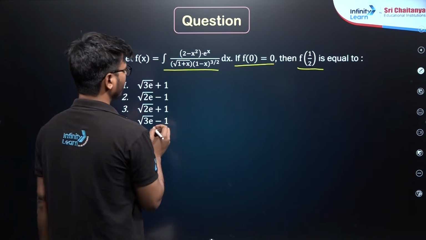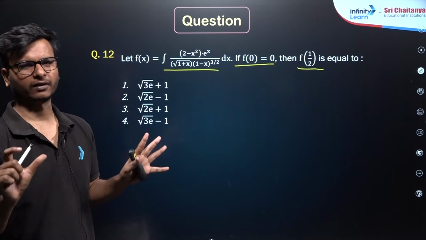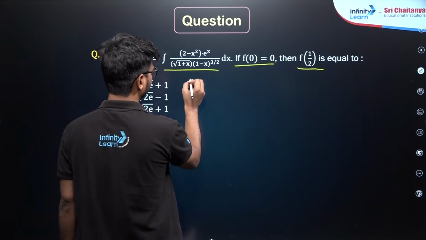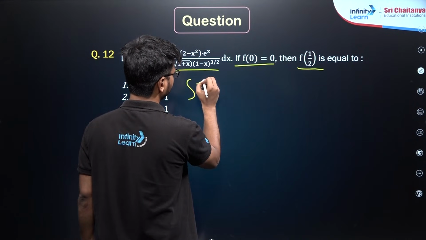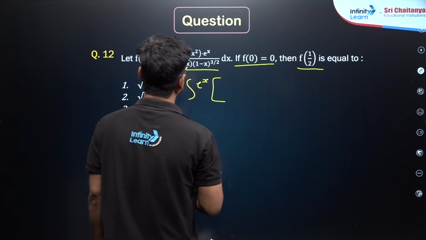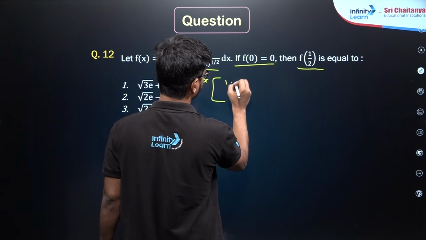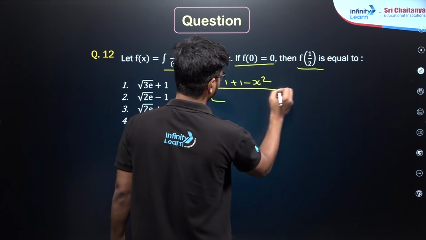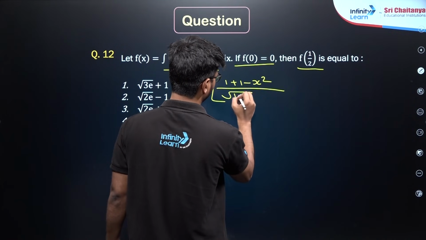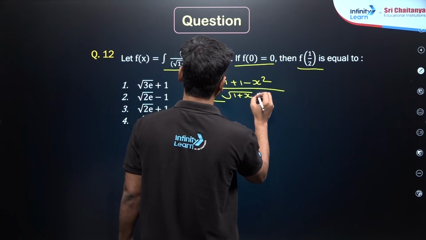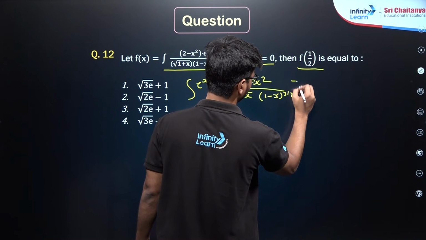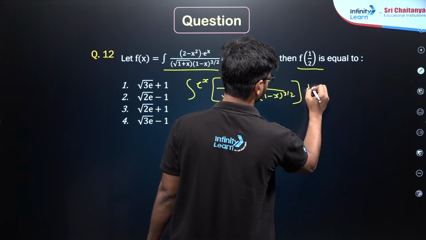First of all we are going to do the manipulation to make a certain form. If you observe, I can write this integration as e to the power x, and I'm writing this as 1 plus 1 minus x square whole upon under root of 1 plus x, 1 minus x to the power 3 by 2, dx.